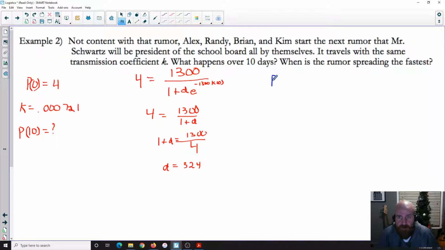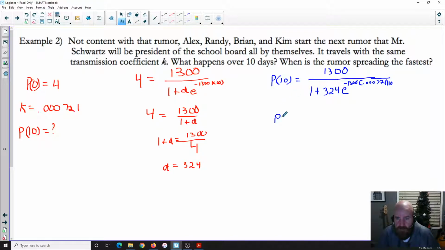I have to get rid of that. P of 10 equals 1300 over 1 plus 324 e to the negative 0.00721 times 10.